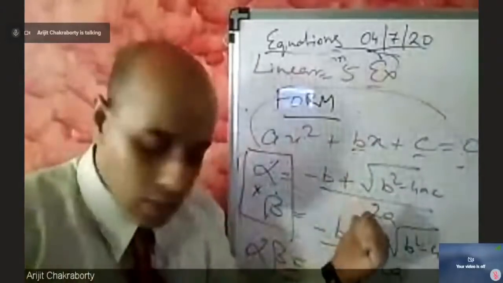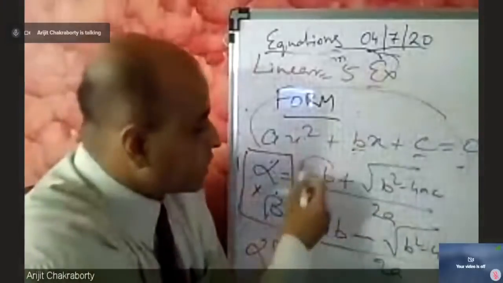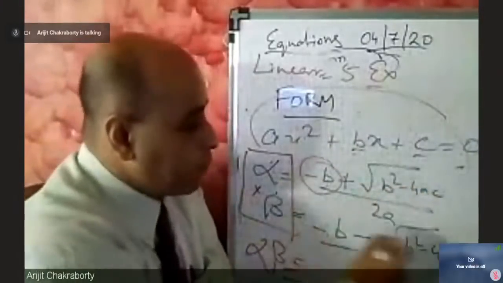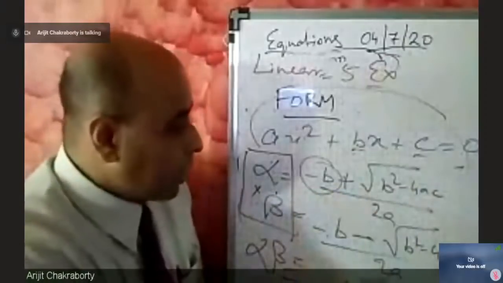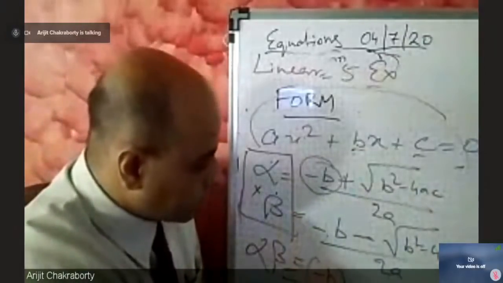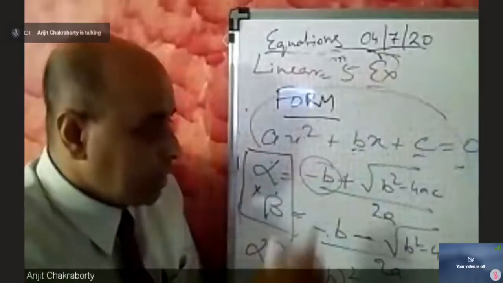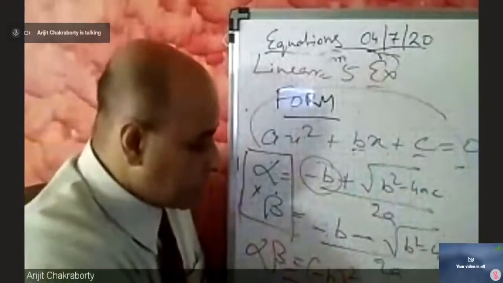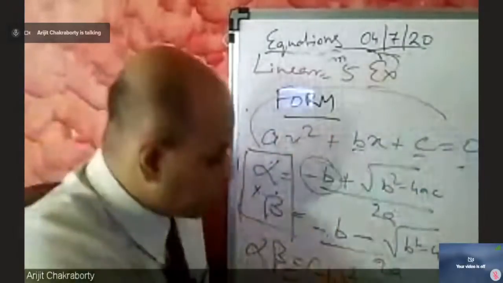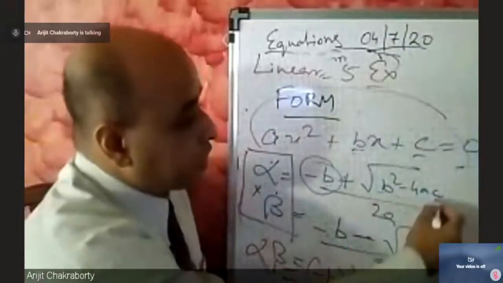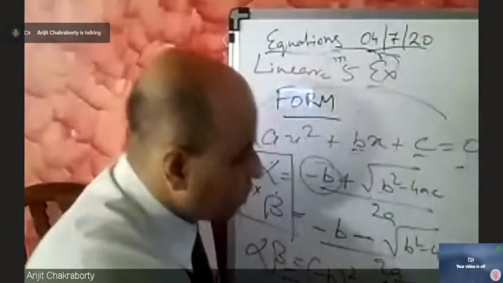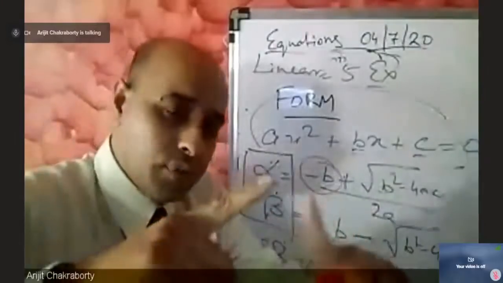So here we have a plus b, a minus b, which is equal to a square minus b square. So minus b square, and this square, if you remove it, is a square root.